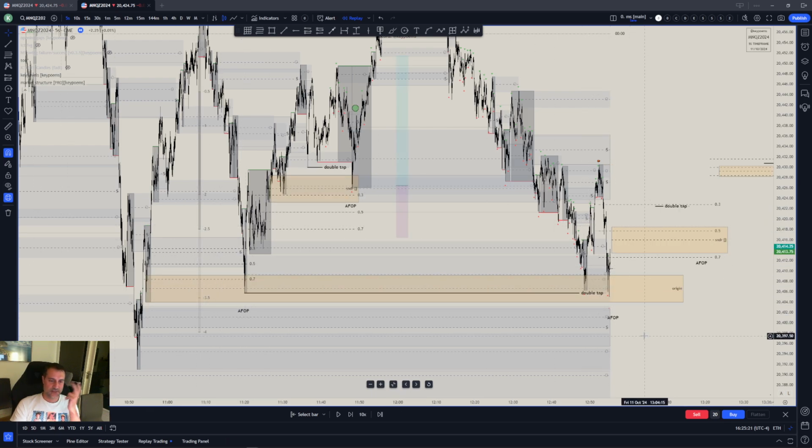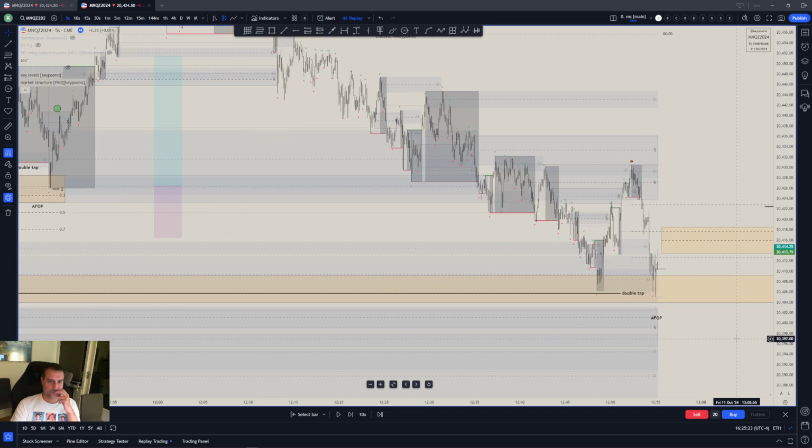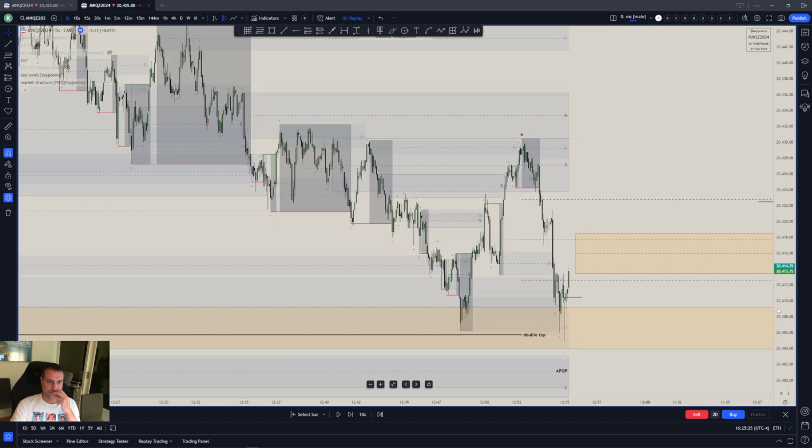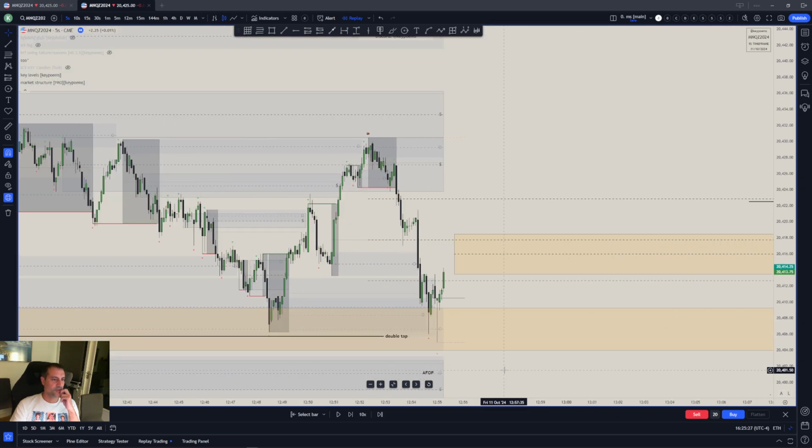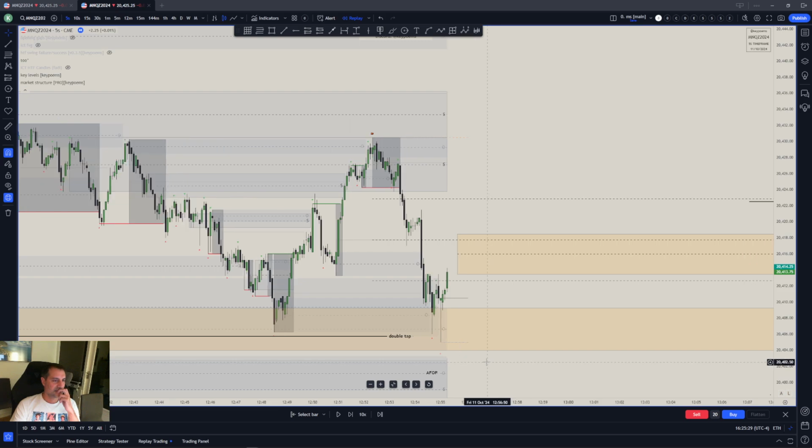All right, now you're on point. Check in detail. Double bottom, double bottom. Still a fractal all the way. Origin of these tiny zones.